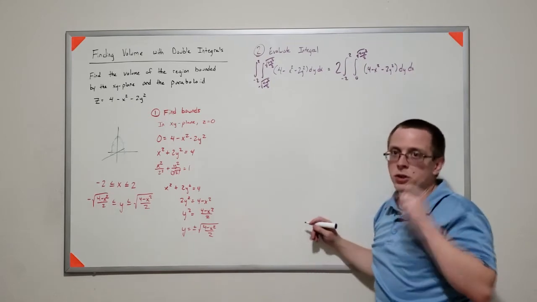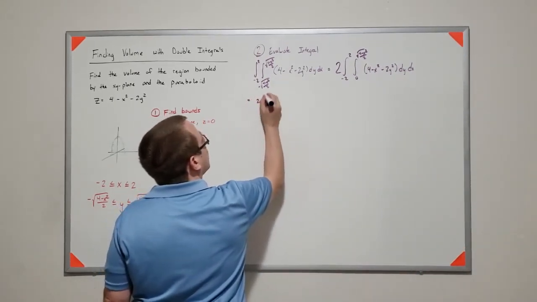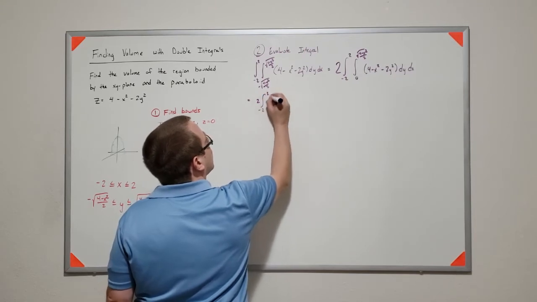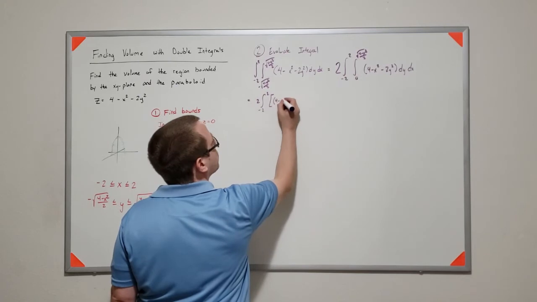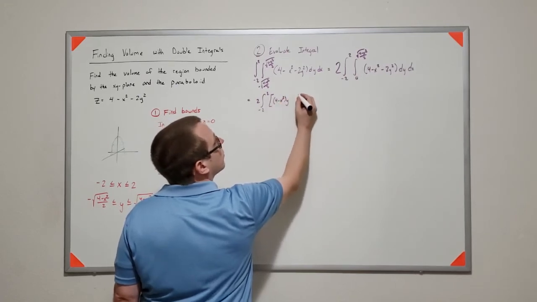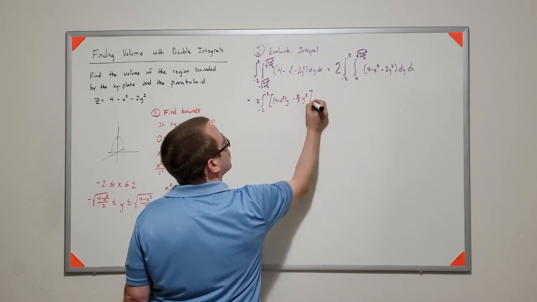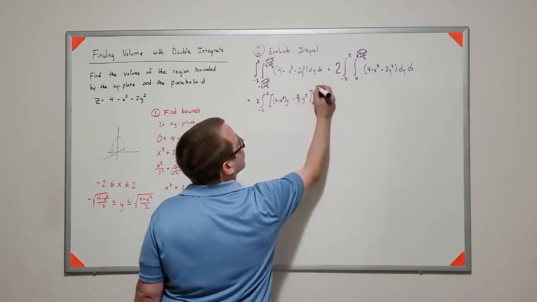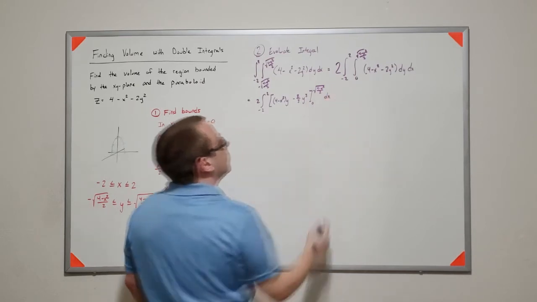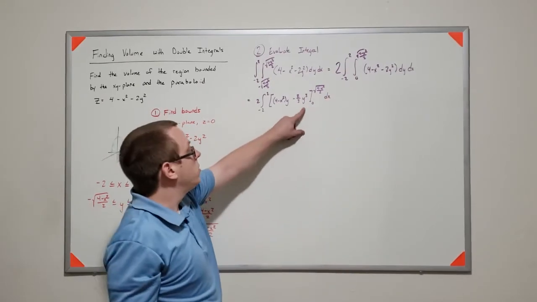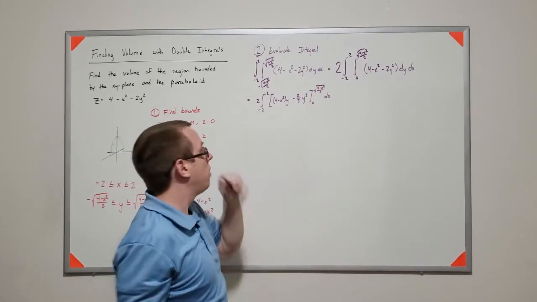And the reason why we want to do that is because that's going to make evaluating this next piece a lot more straightforward. Because when I plug in 0 for these pieces, they go away. So I only really have to worry about that top piece.